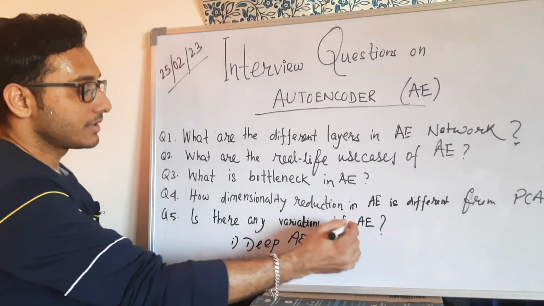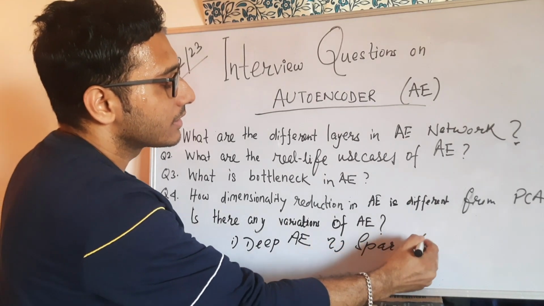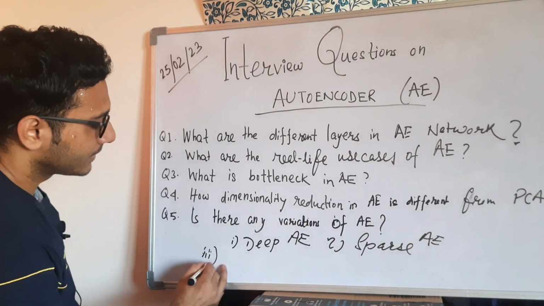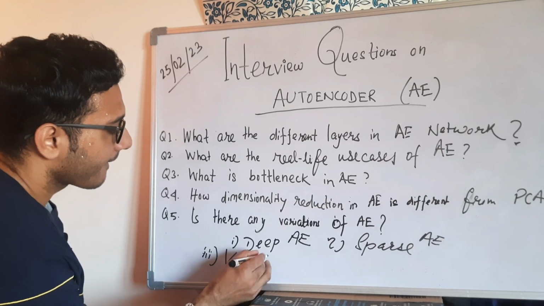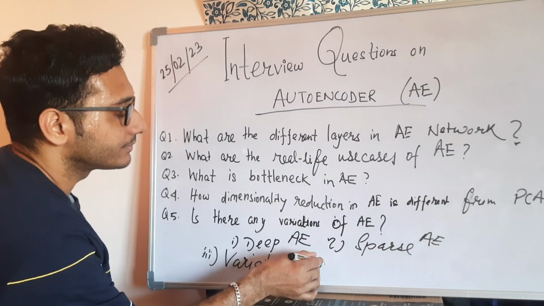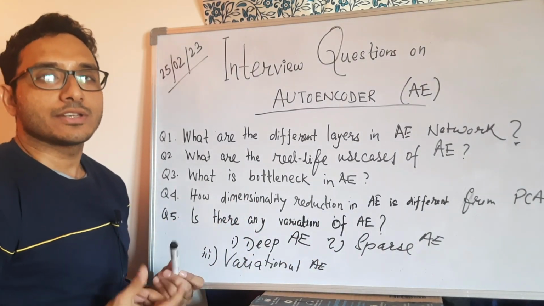Number 2 is sparse autoencoder. Number 3 is variational autoencoder. Okay, so these 3 you can mention as the variations of autoencoder.